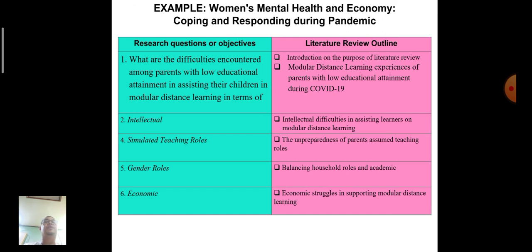Each question in the statements of the problem has its corresponding literature review concepts. That's how you organize your literature review. Isn't it very friendly? If someone is reading your research, they won't get lost. They will be clarified, and you are very organized in how you write your literature review.